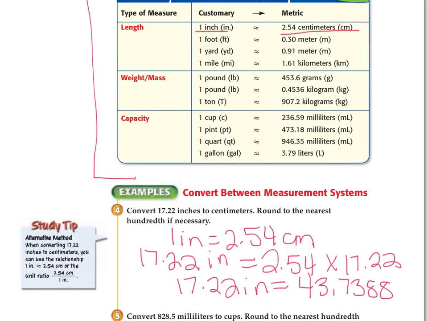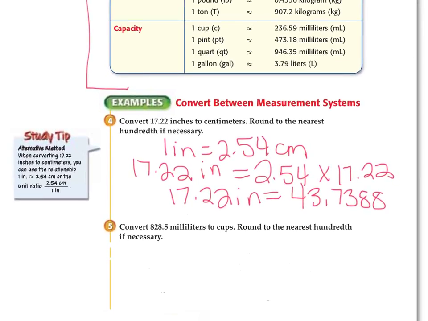It says to round to the nearest hundredth, so you would write 17.22 inches equals 43.74 centimeters.